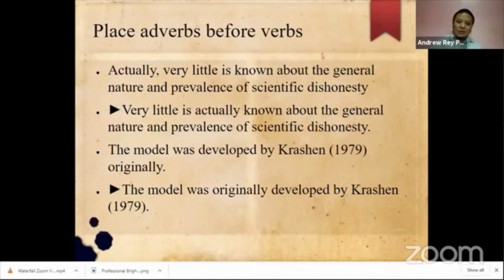You put actually before the word known. That is more formal. Very little is actually known about the general nature and prevalence of scientific dishonesty. So instead of actually very little is known, you say very little is actually known. So you sound more formal when you write that.